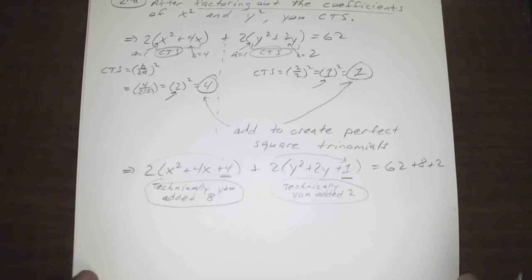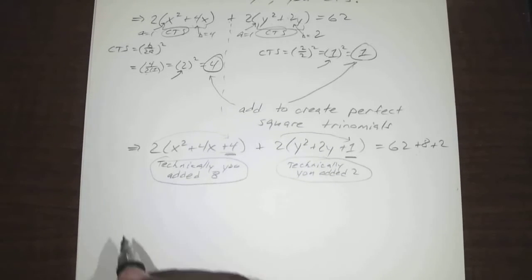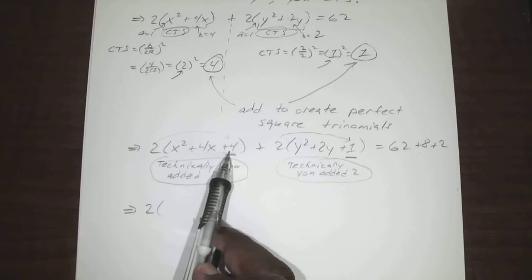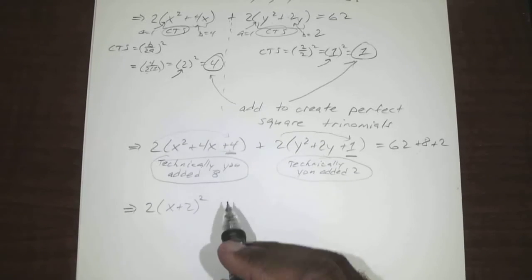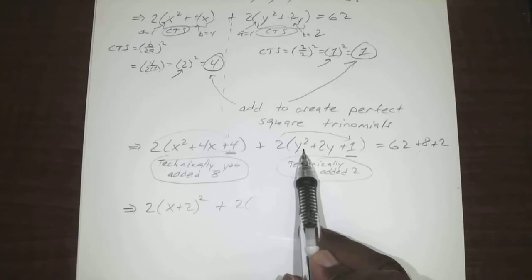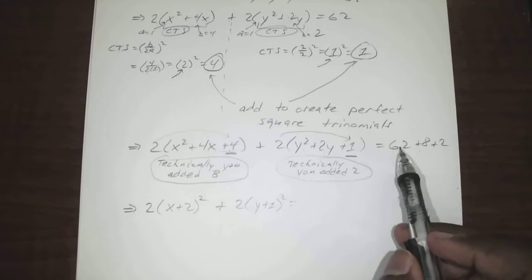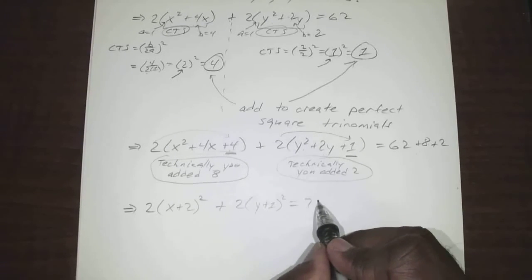All right. Now once you do that, now you have your perfect square trinomials. Okay, so we have 2, and remember this is just x plus 2 squared, plus 2, and this is just y plus 1 squared, equals 62 plus 8 is 70, plus 2 is 72.